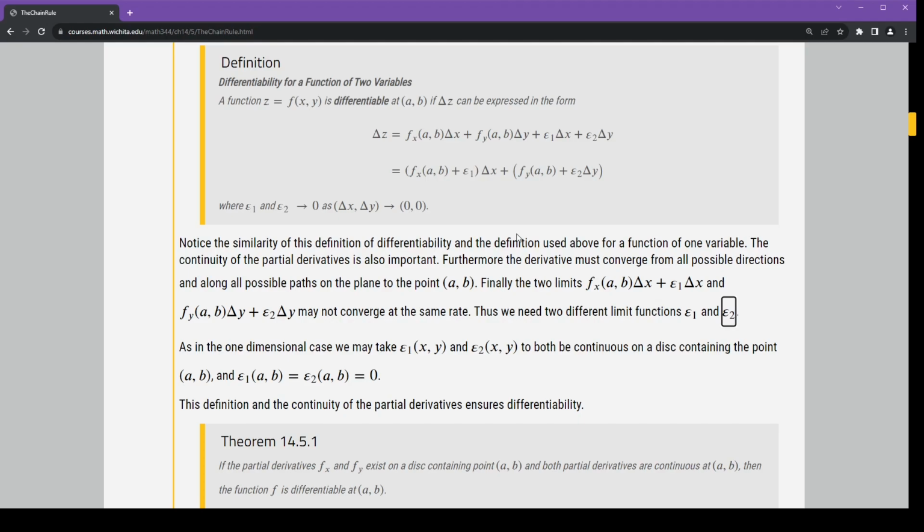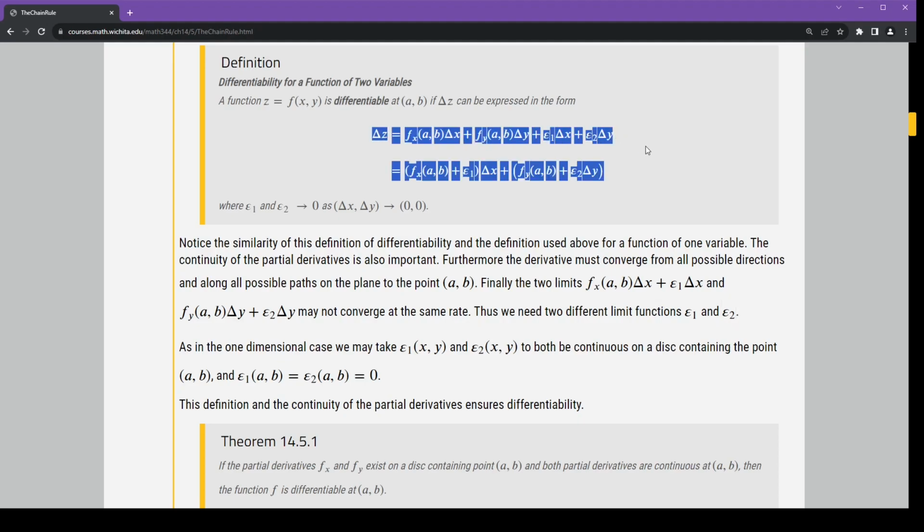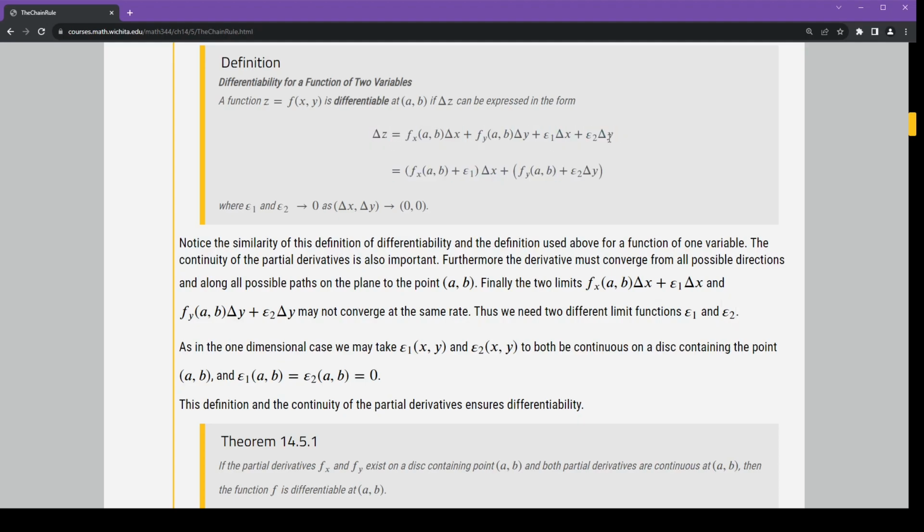I'm not going to go into all the details here, but I want to describe sort of the structure of this. We've seen this definition before when we were talking about differentials, okay? And we have here these epsilon components that show what happens for the change in x and the change in y. Okay, we want this to go to 0, of course.